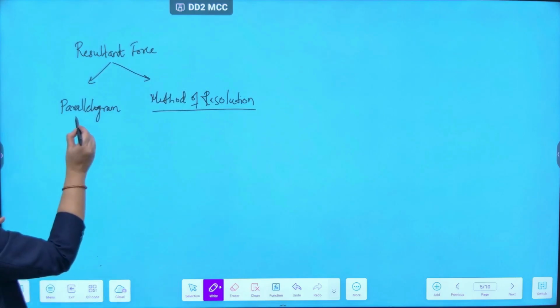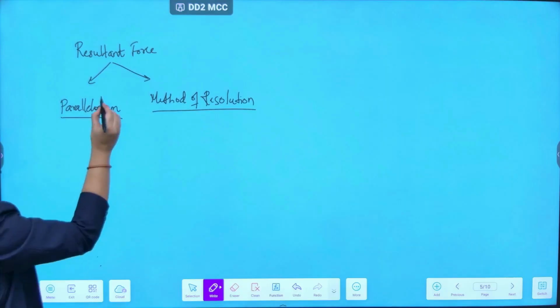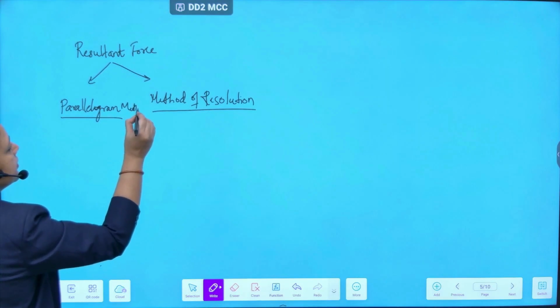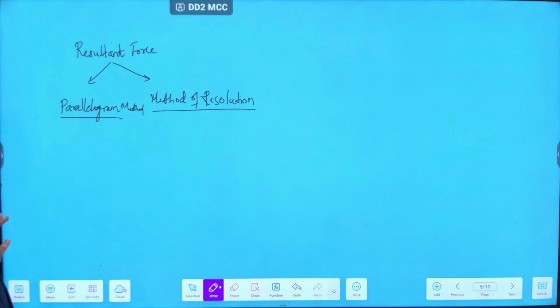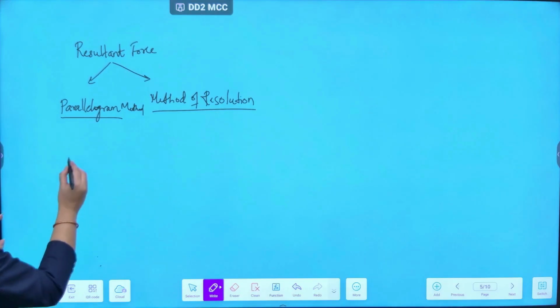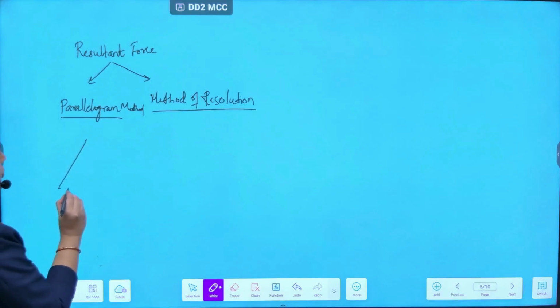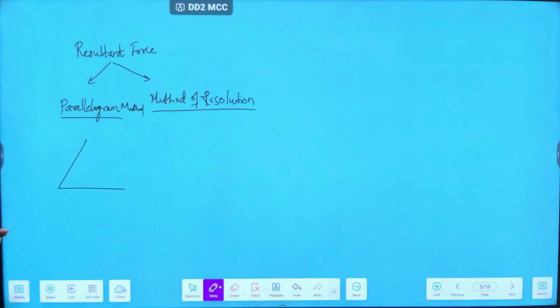Now, what is the parallelogram method of calculation? Parallelogram method for calculating two concurrent forces. It is its limitation also that you can calculate only two forces using this method.